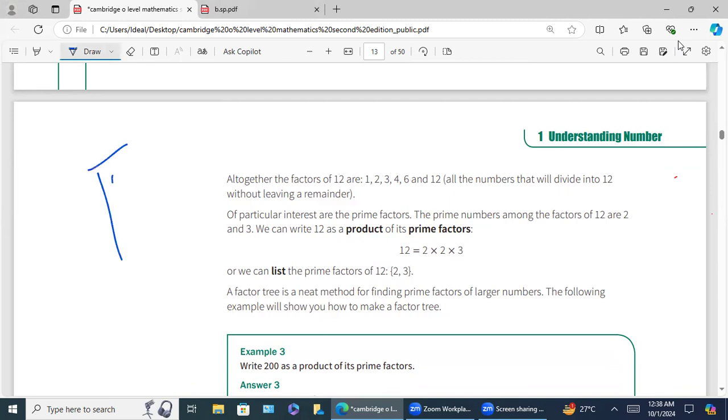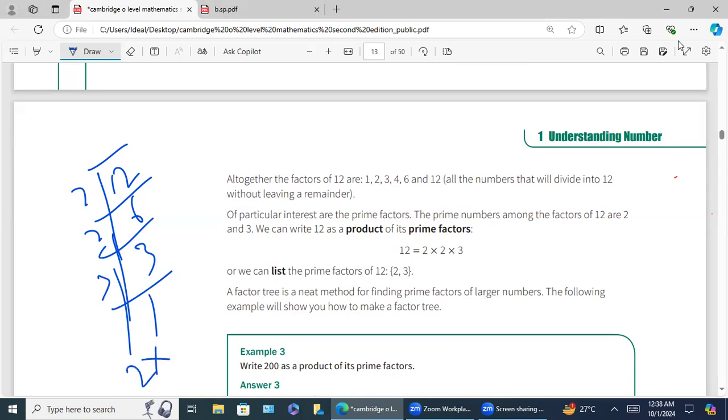We have 12, and then we divide by 2, and 2 divides 6 times, and also 2, 3, then 3, 1. So we have 2, 2, and 3.